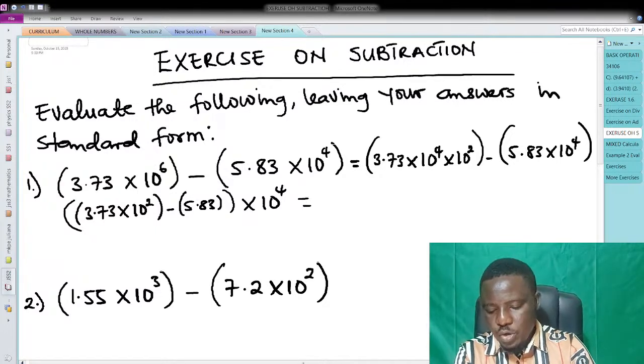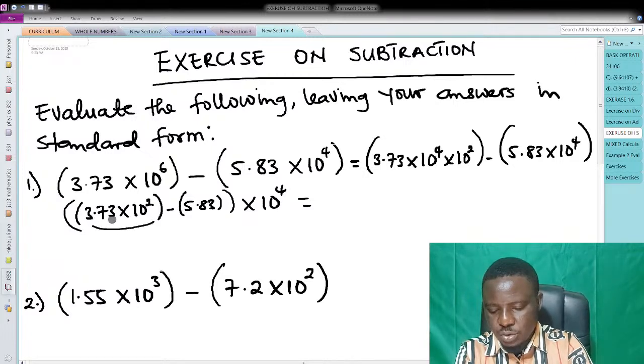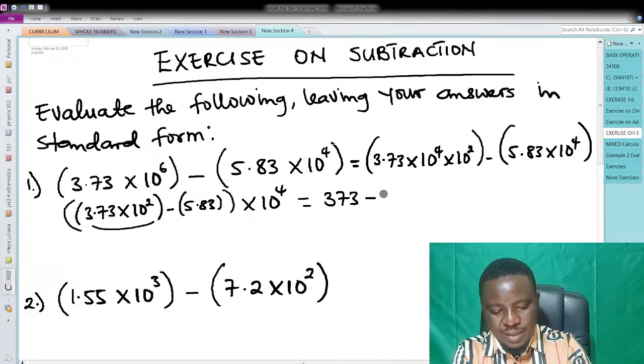Now when you simplify this, 3.73 times 10 raised to the power of 2 gives you 373 minus 5.83, times 10 raised to the power of 4.